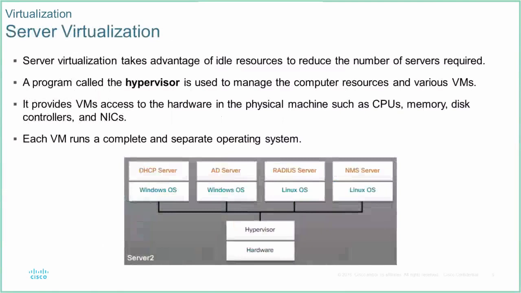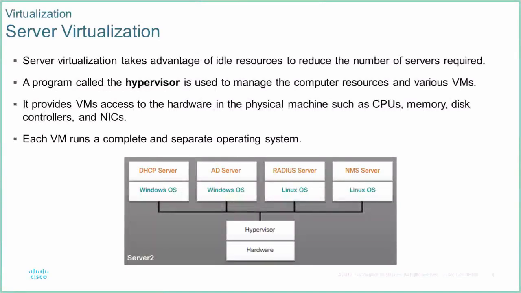So with virtualization, we call the software that handles all the virtual machines a hypervisor, which is the link between the operating systems and the hardware. So this, if you like, duplicates the individual kernels.